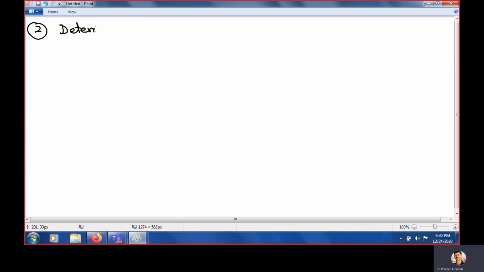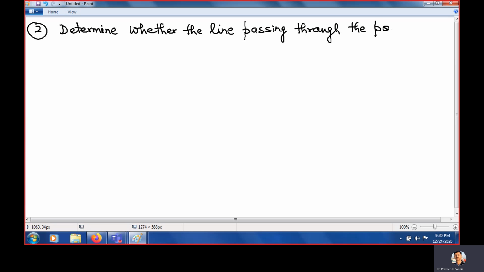Determine whether the line passing through the points 1, 7 and 4, -2.